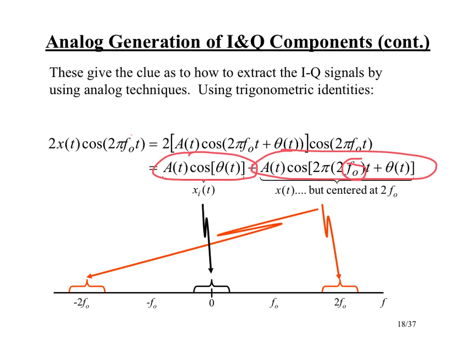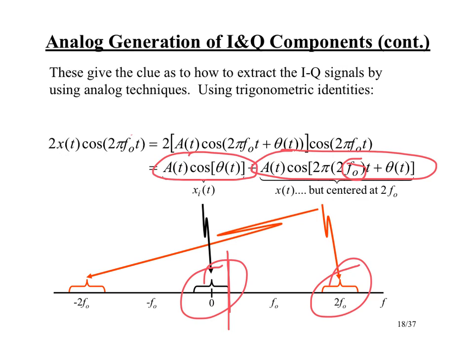So it's large. It's also very large compared to the bandwidth of the overall signal. So this thing sitting up here at 2f0 is going to be very far removed even from the highest frequency that we would expect.